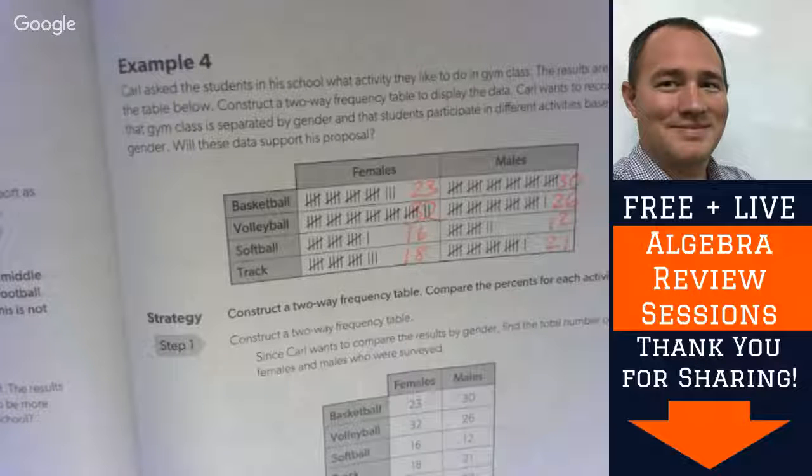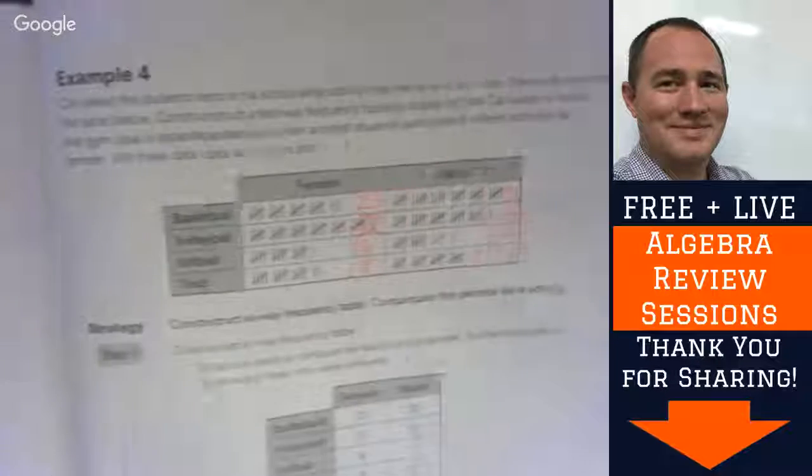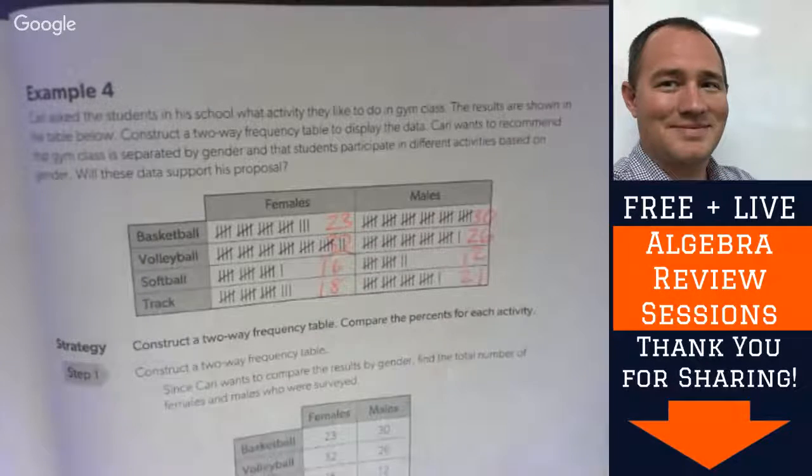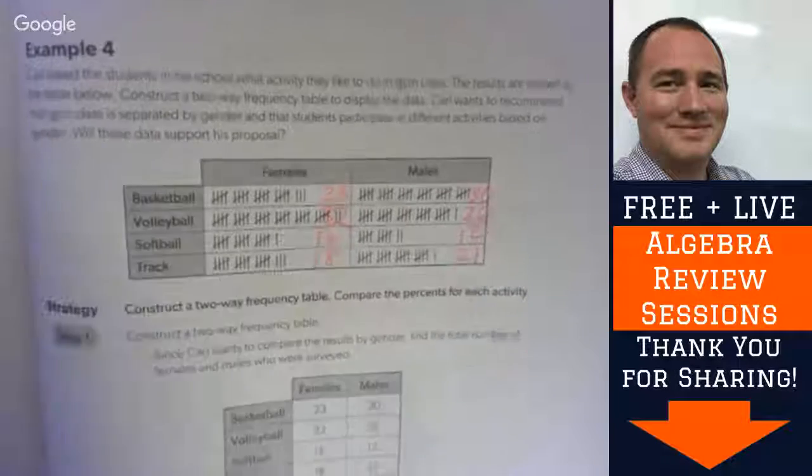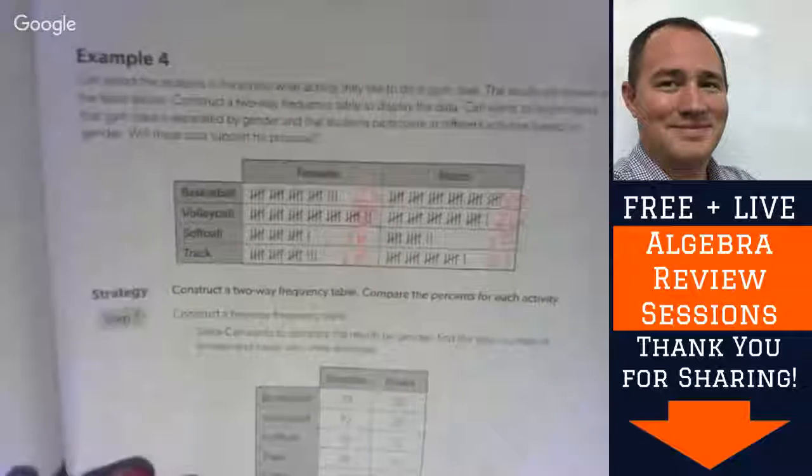So a lot of times this statistics stuff ends up being underutilized or undercovered at the end of the year. So this should be a good topic to go over.